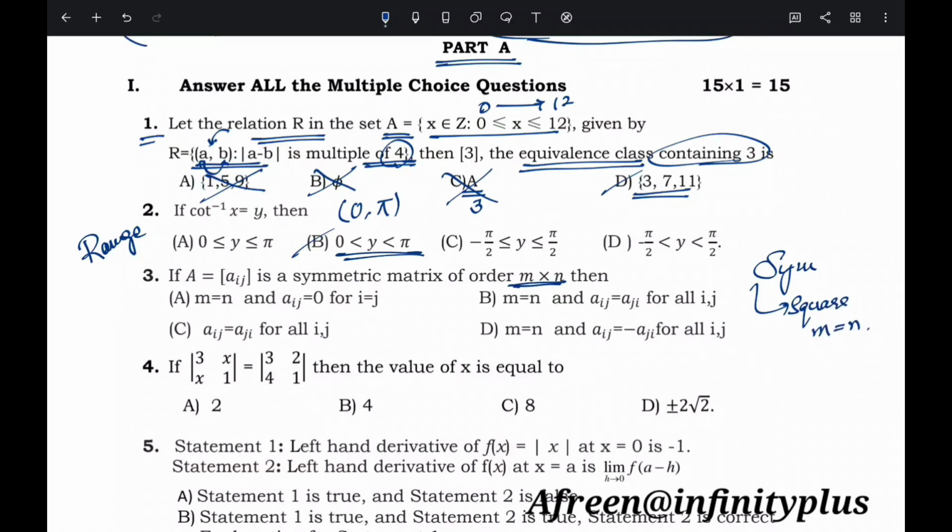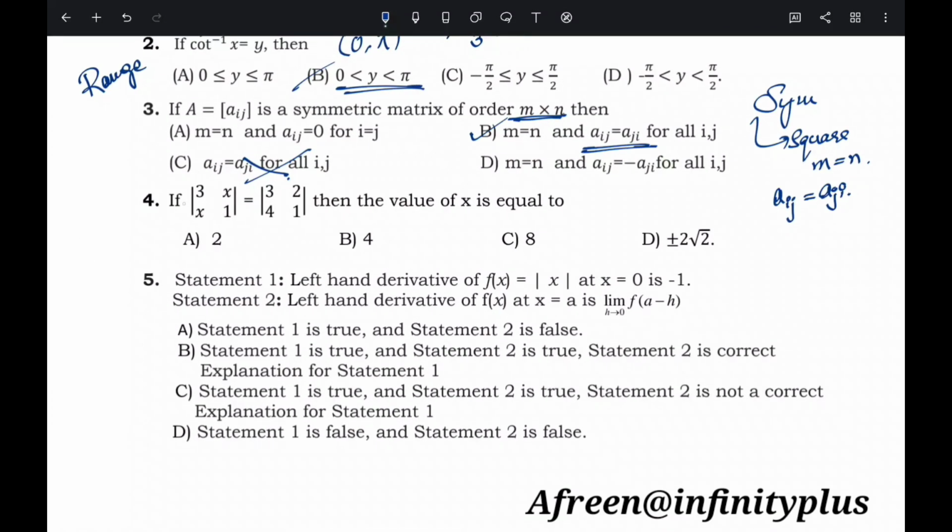So we can consider these 3 options. We can eliminate this one. Now you know that if it is a symmetric matrix, all the elements on either side of the diagonal should be the same. Means aij is equal to aji. So look at where you have aij is equal to aji. So this one is the option for the answer.